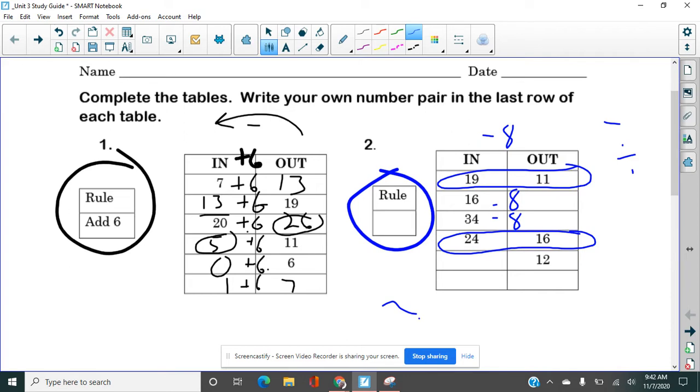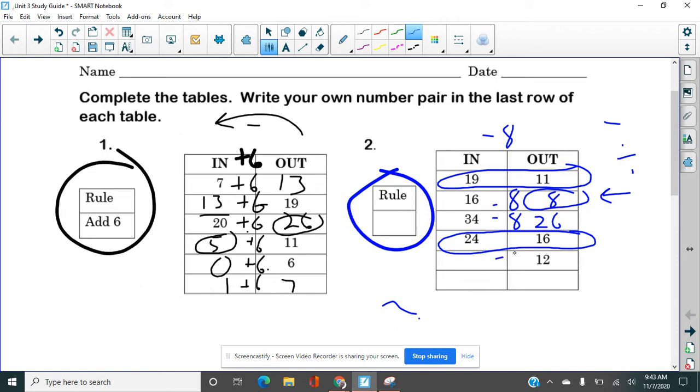So 34 minus 8 is, let's see, 33, 32, 31, 30, 29, 28, 27, 26. What would go right there? What would go in that box? You should have said 8.